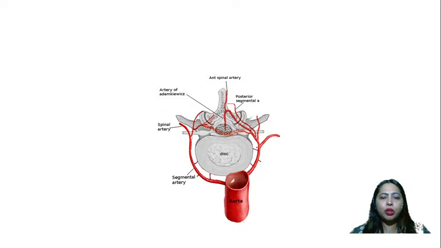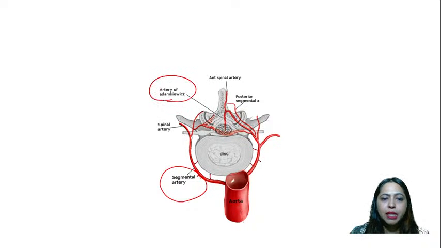This particular picture also shows how the segmental arteries arise from the aorta, and how they supply the spinal cord through their branches. So this one particularly is the artery of Adamkiewicz, and that basically supplies the lumbar enlargement area.